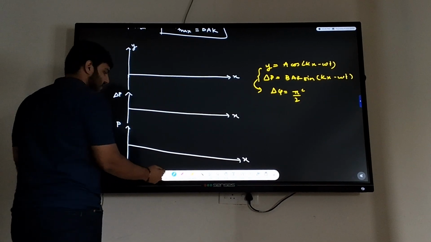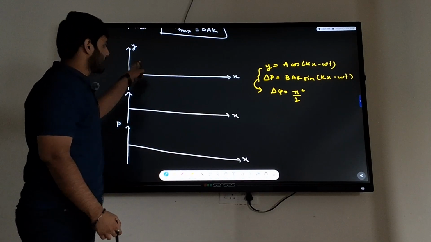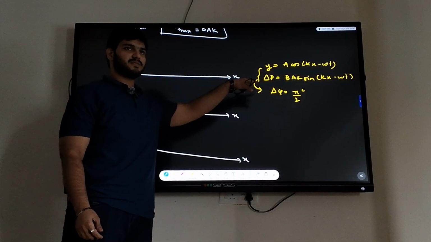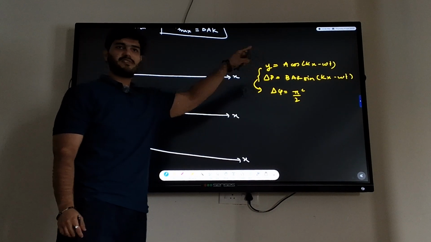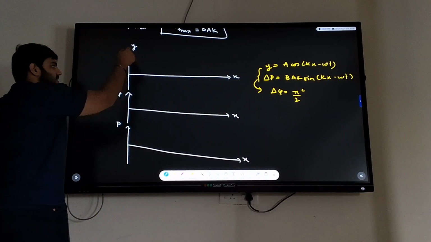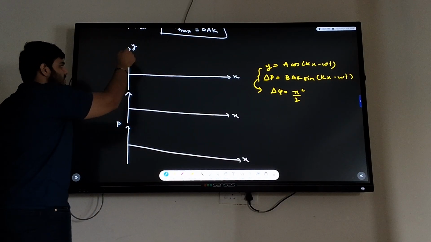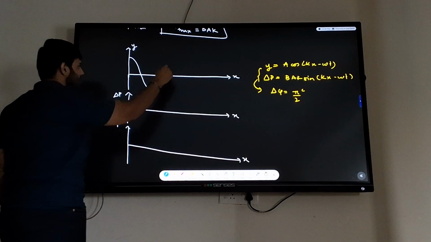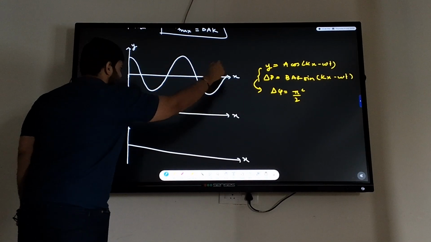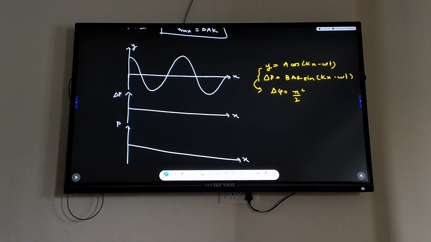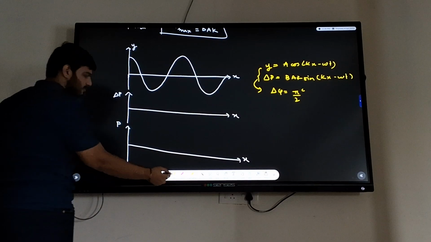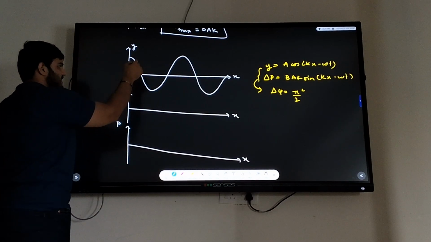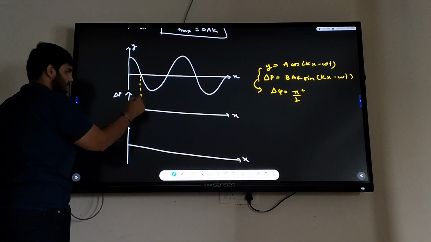Anyways, so let me try to make this y versus x curve. It's a cosine wave. So how does a cosine wave look? Something like this? So let me try to make it. This is my cosine wave. Now let's try to make my delta p versus x graph.